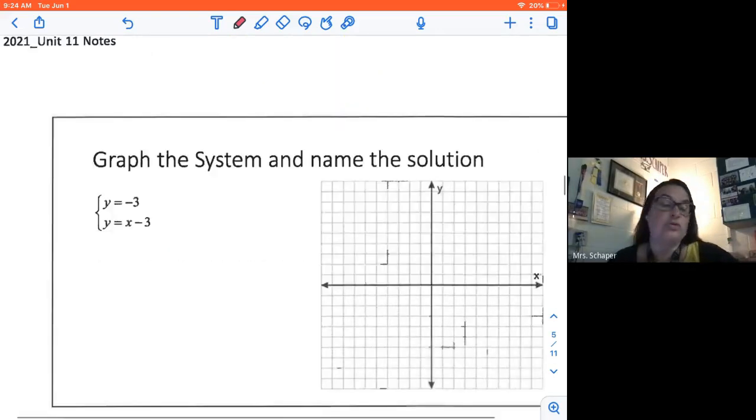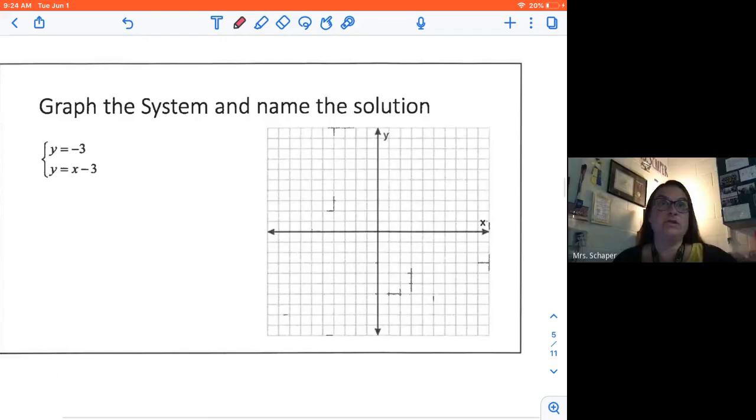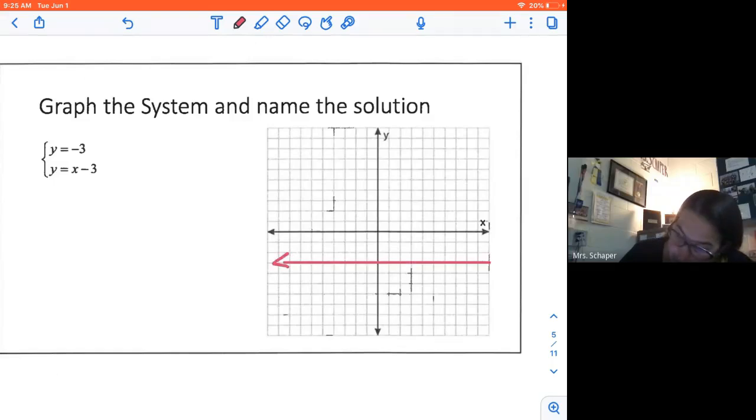So what we're going to do is graph this system, utilizing the skills that you talked about in the first section, and then we're going to see where they intersect. So y equals -3. That's going to be right here. It crosses the y-axis at -3. It's horizontal. And then y equals x minus 3. We're going to start here, and I'm going to graph it. I rise 1, run 1, rise 1, run 1, rise 1, run 1.